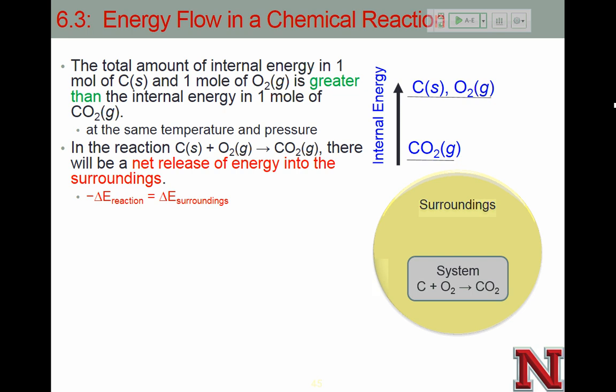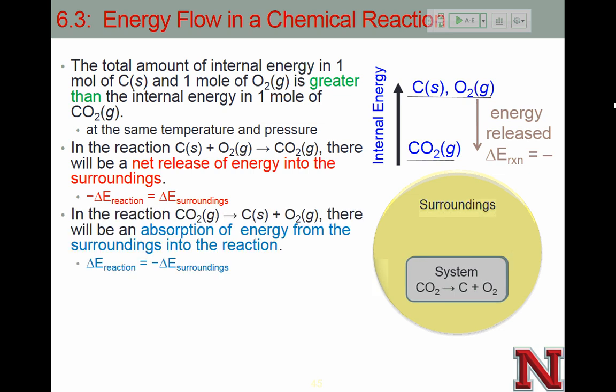If our reaction is carbon reacting with oxygen gas to form CO2, then because CO2 is lower in energy, our system is going to lose energy, and therefore our surroundings are going to accept it, because CO2 is lower in energy than our starting materials.